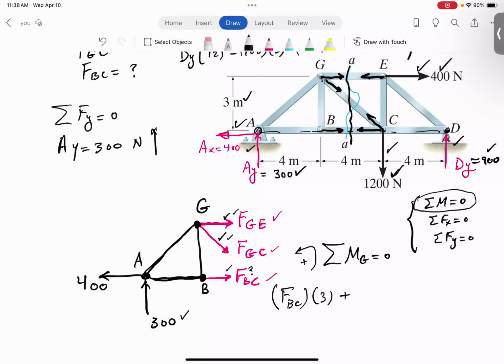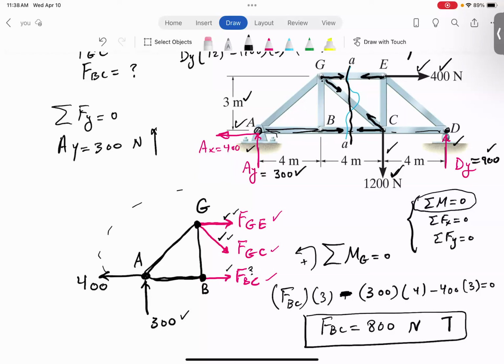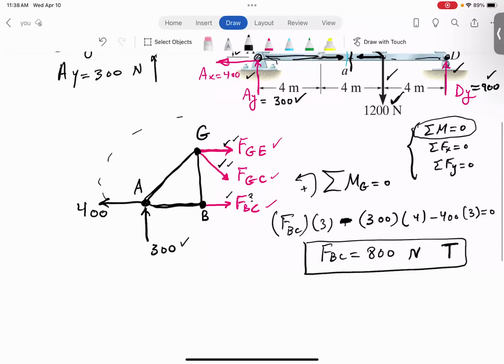This guy, which would be in the negative direction, 300 times 4, divided by 3, FBC happens positive 800 Newton, and direction of FBC is good, and so that member would be in tension.